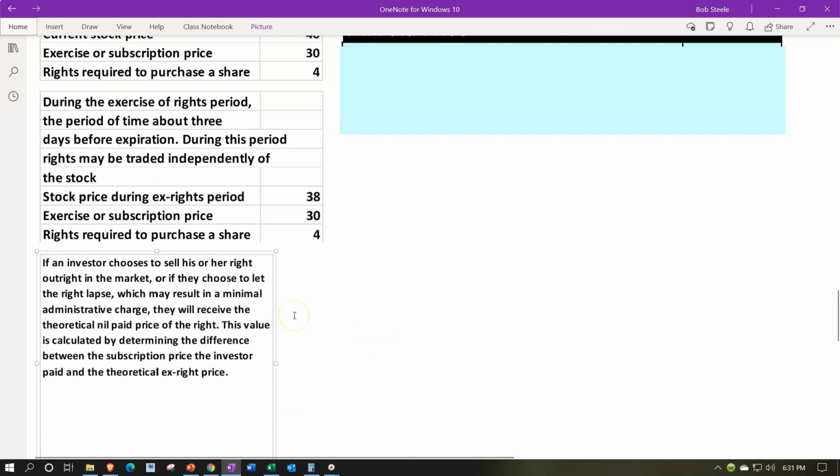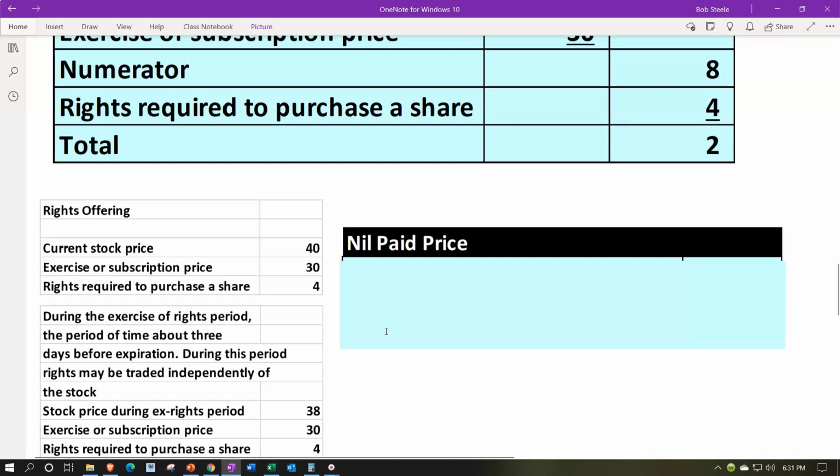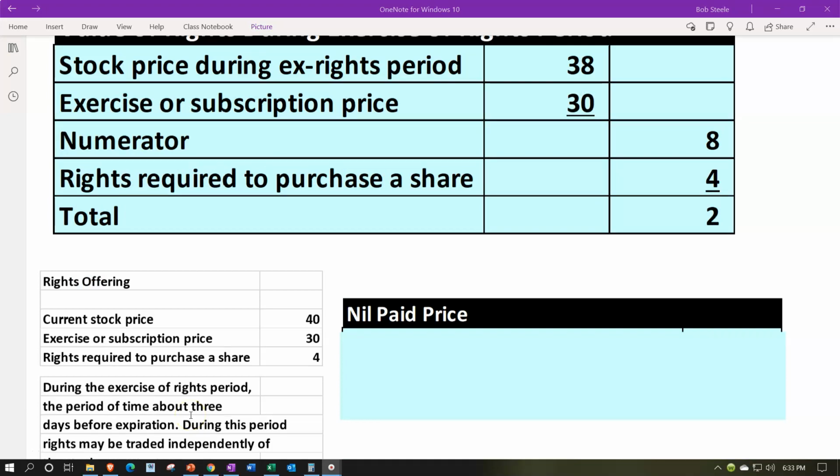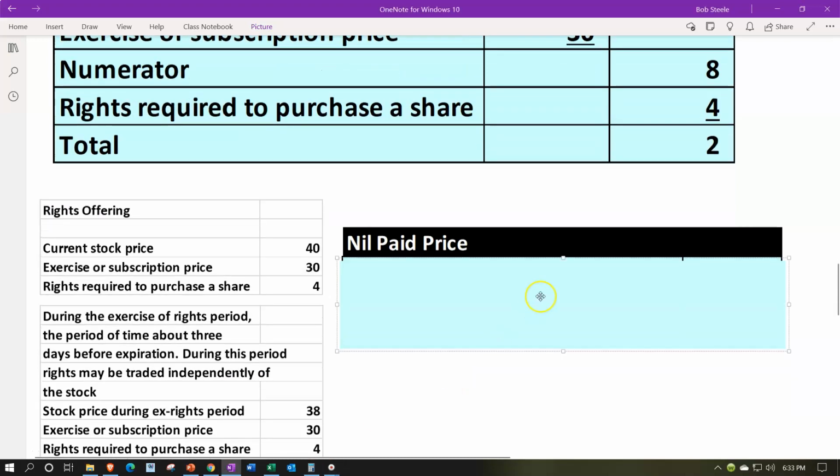If an investor chooses to sell his or her right outright in the market, or chooses to let the right lapse, which may result in a minimal administration charge, they will receive the theoretical nil paid price of the right.